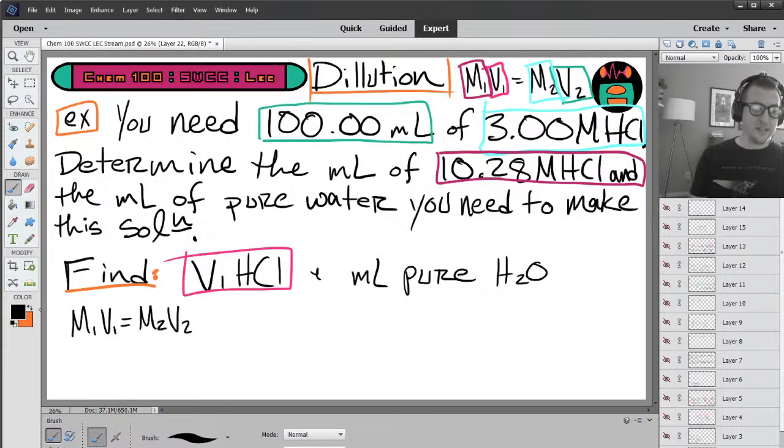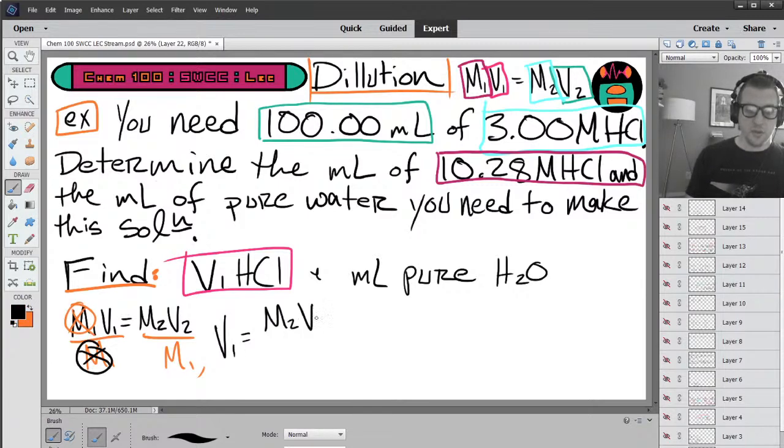We want to find the initial volume, so we divide both sides by M1. M1 cancels. And we get a new expression, initial volume is equal to M2 V2 over M1.